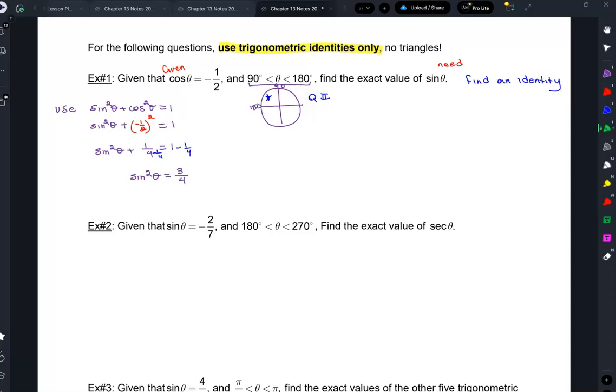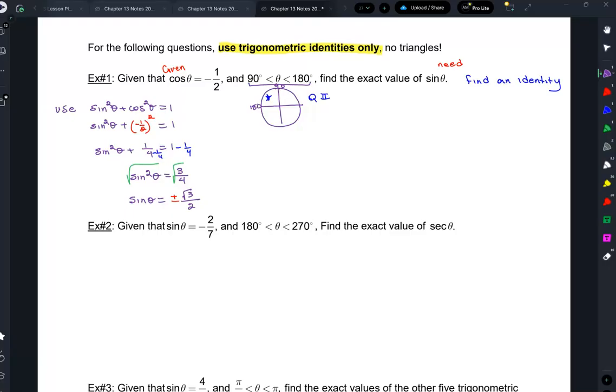Now what do we do? I have something squared equals something. Take a square root of both sides. When I take a square root of both sides, I got sine of theta is equal to plus or minus, don't forget the plus or minus, √3/2. Okay, now, I can't have two answers. I need one answer.